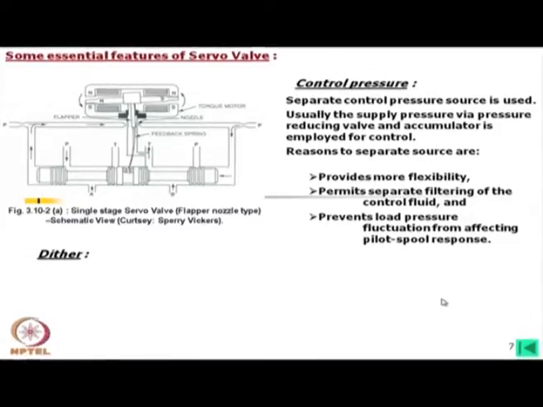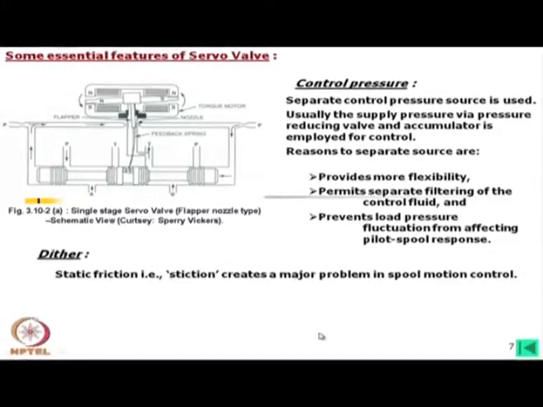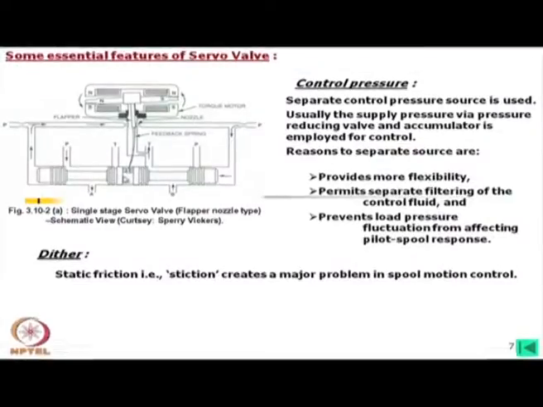Now, another thing required is called dither. Static friction, that is stiction, creates a major problem in spool motion control. What actually happens? External stiction is there. If you think of anything moving on another surface, even in rolling there will be some amount of stiction, particularly in sliding friction. That motion is usually called stick-slip motion. In the case of spool movement, there is also stiction.